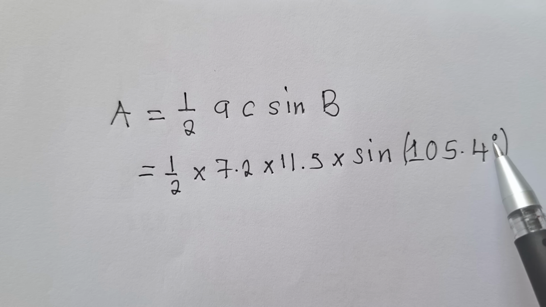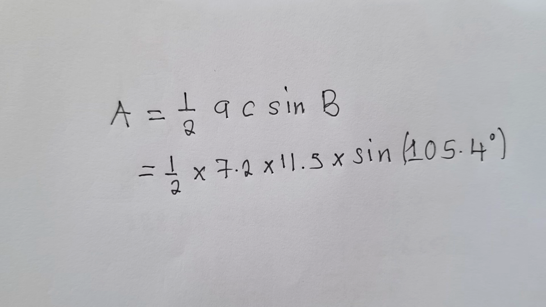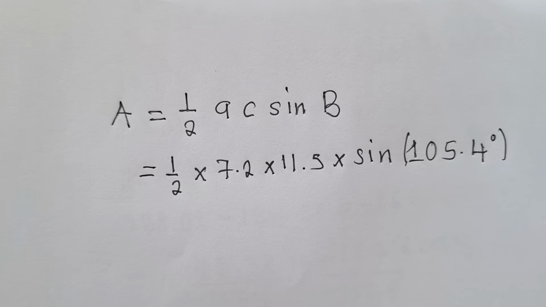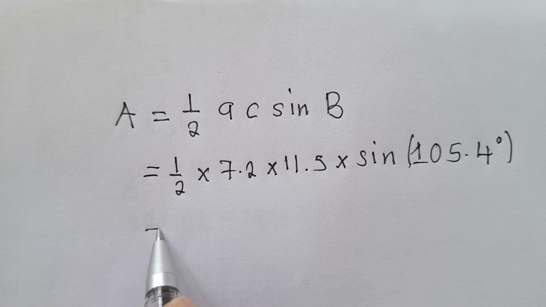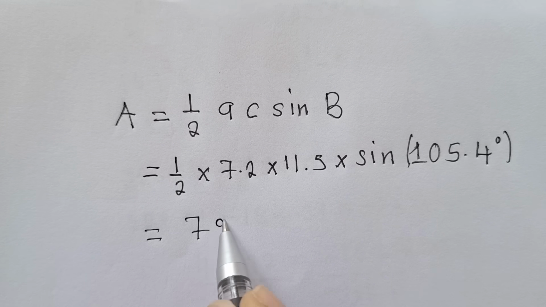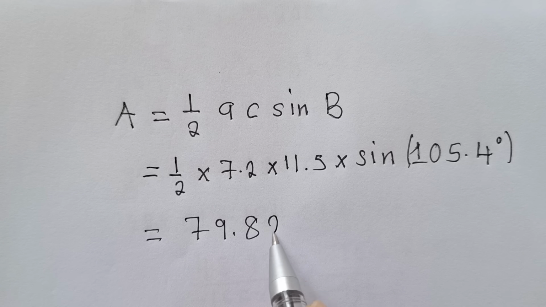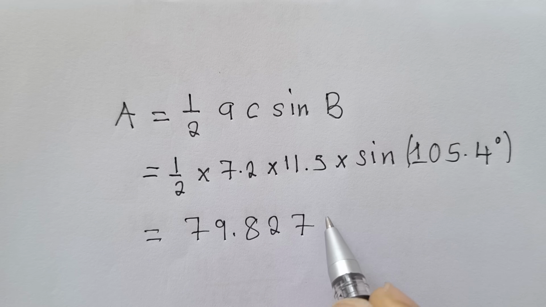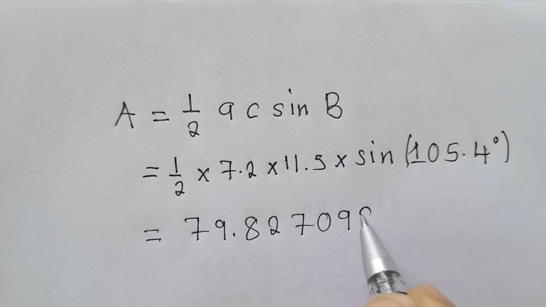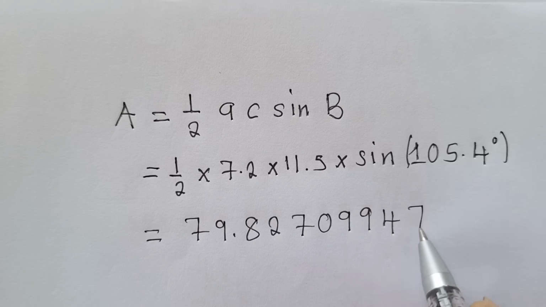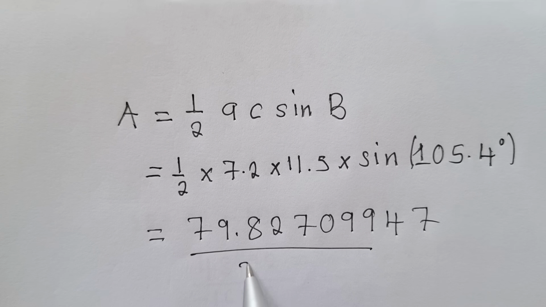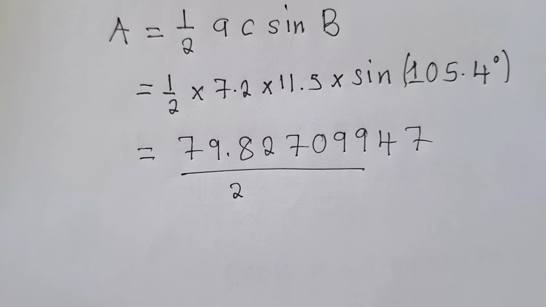So just punch these numbers. Forget about the degrees when you're punching on your calculator. Just these numbers. And it's going to give you 79.8270994, and then you say over 2. So divide by 2.